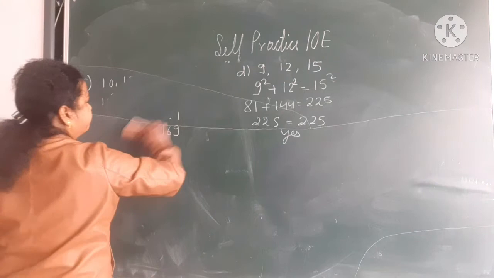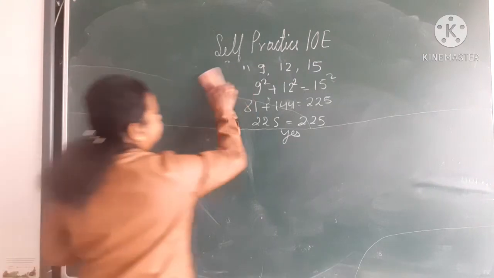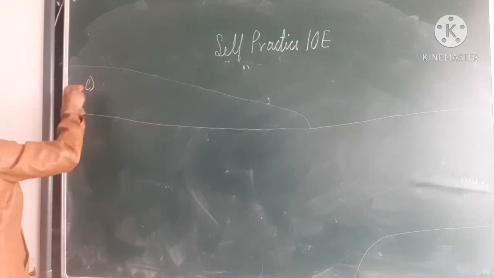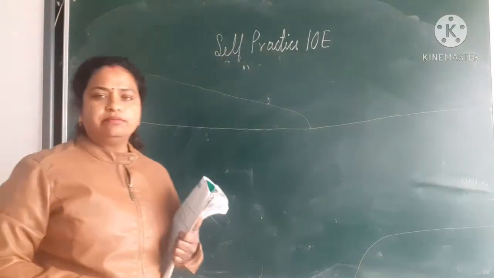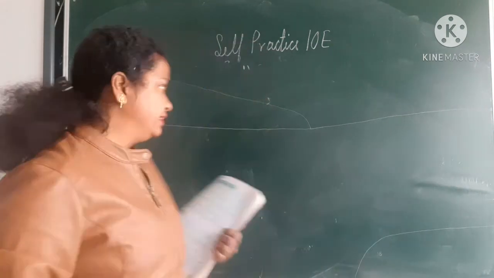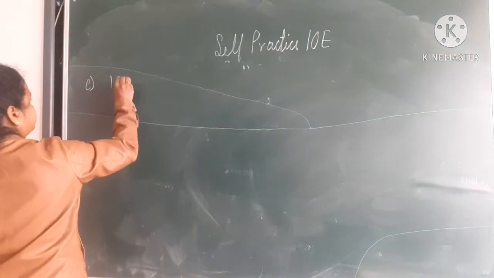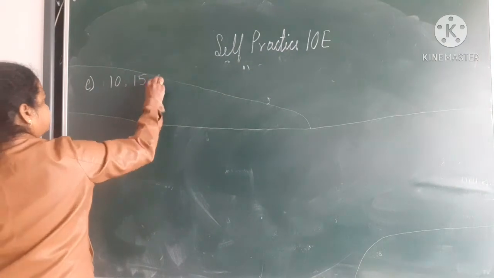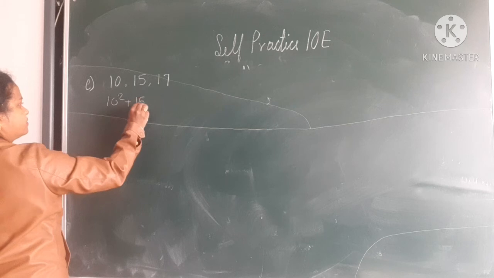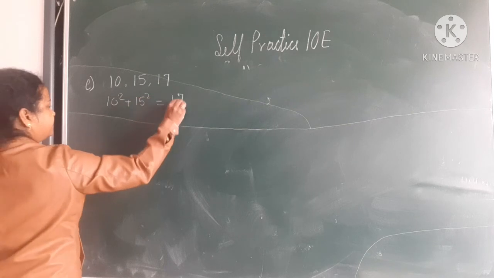Now see the E part. What is there in the E part? 10, 15 and 17. So 10 square plus 15 square should be equal to 17 square.